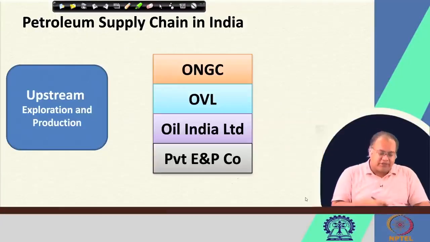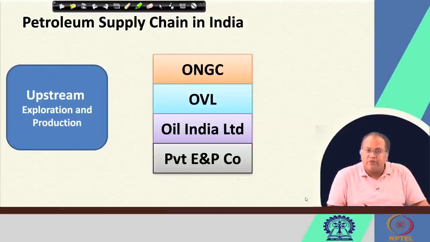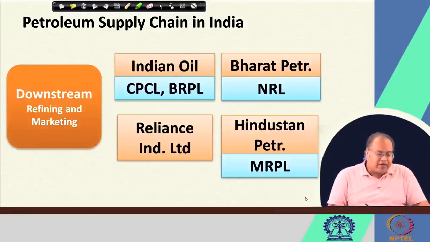In the upstream, the companies that do exploration and production include ONGC, OVL, Oil India Limited, and different other private enterprises and companies. So there are different companies participating in the upstream supply chain of the petroleum industry. In the same way, in the downstream direction, there are different refining and marketing companies.